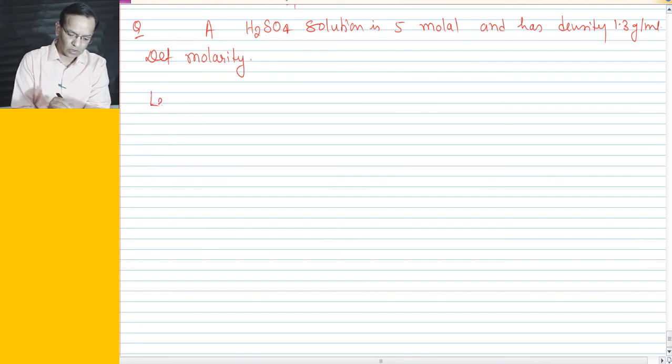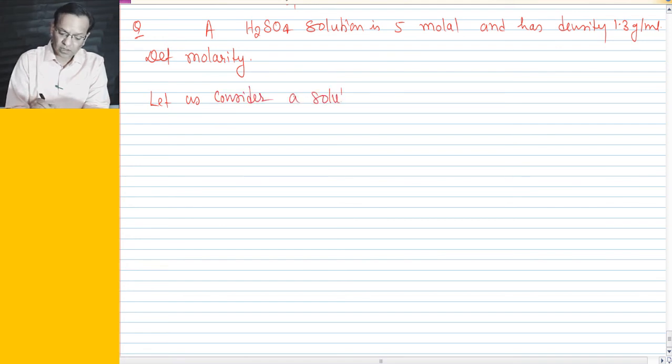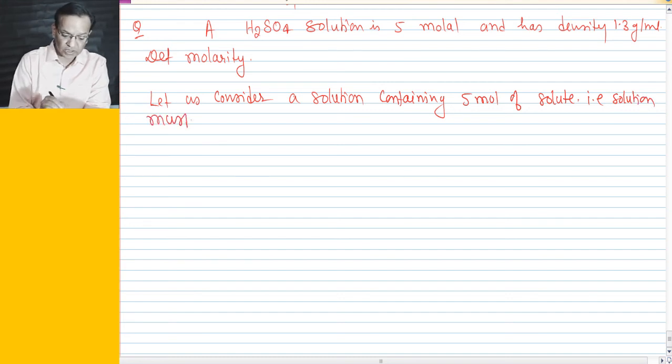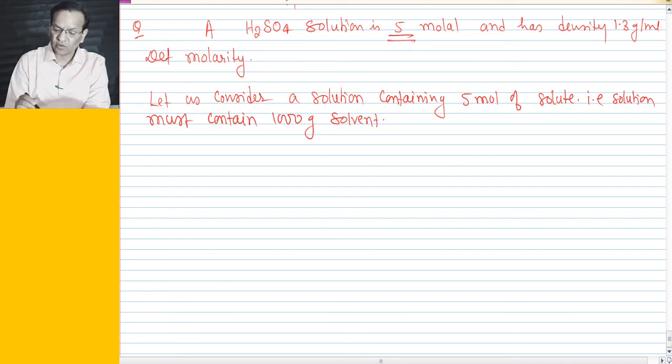So let us consider a solution containing 5 mole of solute, that is, the solution must contain 1000 gram solvent, since molality is 5 moles of solute in 1 kg of solvent.